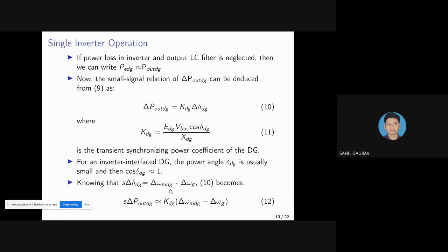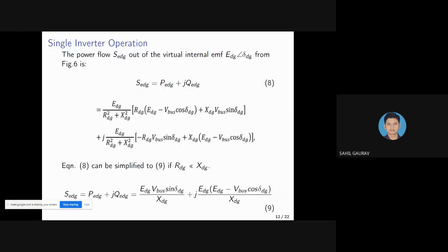And for making the small signal relations, take the derivative of P out DG with respect to delta DG, and we will come as like this: delta P out DG is equal to K DG at the delta angle delta DG. For small signal relations, you would just have to take the derivative of this part.